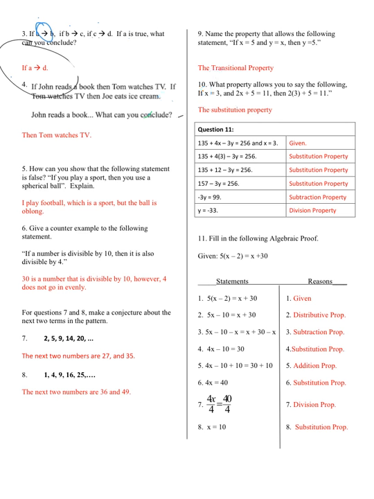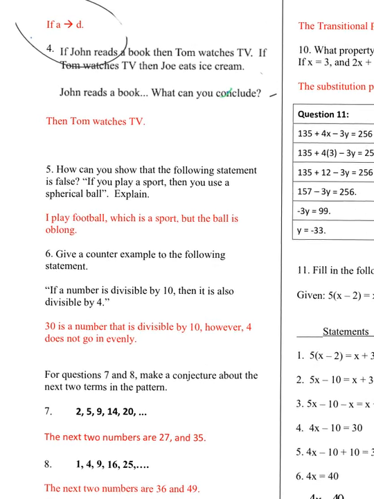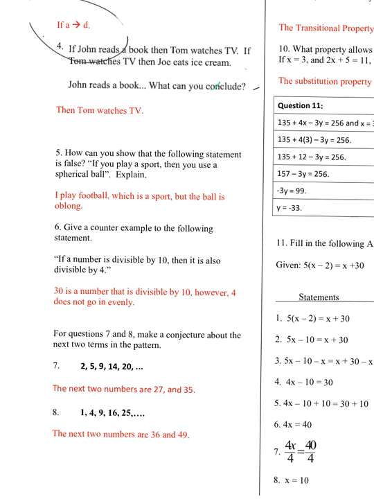Get that out of the way. Number 4. So I was saying number 4, if John reads a book, then Tom watches TV. If Tom watches TV, then John eats ice cream. So what they're saying here is, again, I have 2 conditional statements, and one leads to the other.